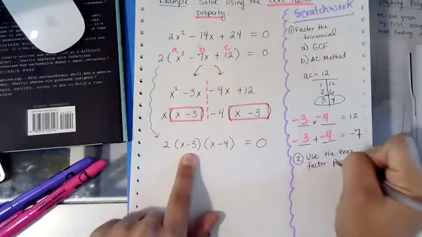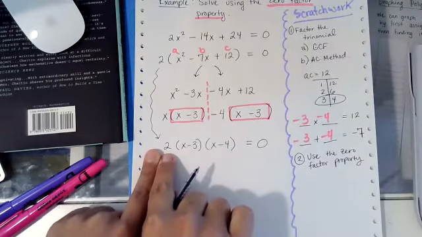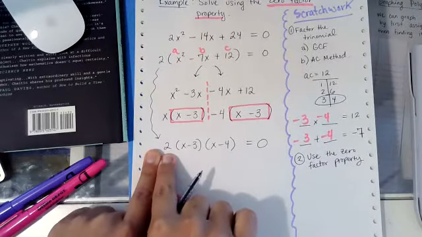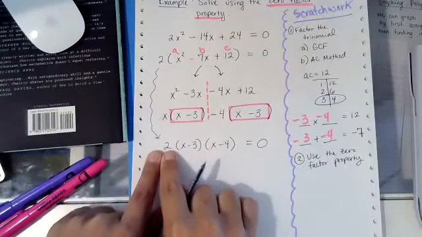Which says that if I have 3 numbers here, or 3 expressions, 1, 2, 3, and they're all being multiplied, what I could do is say, okay, is 2 equal to 0? Well, 2 is obviously not equal to 0, right? 2 will never be equal to 0.